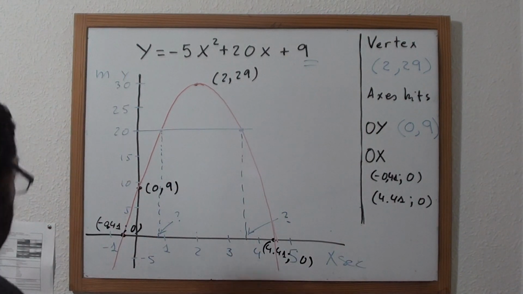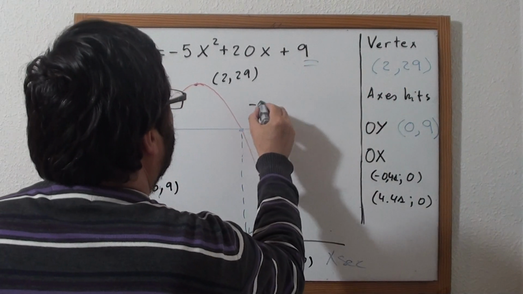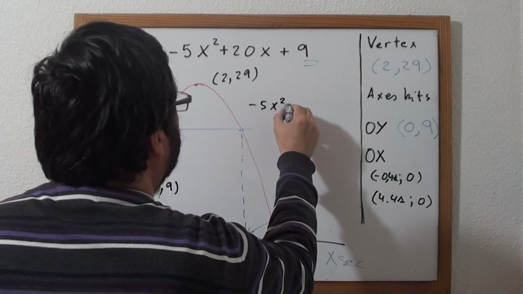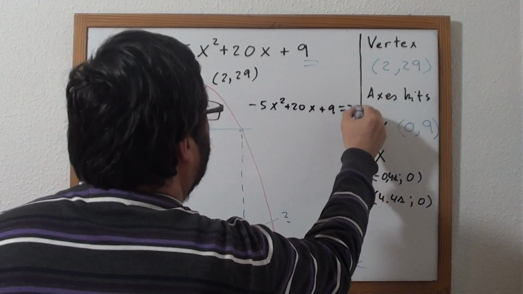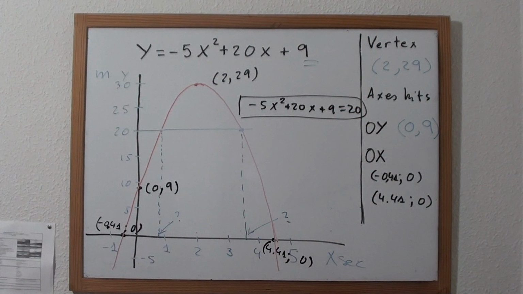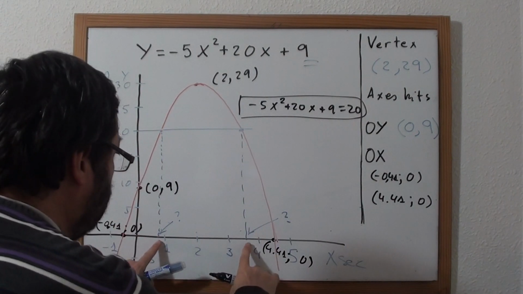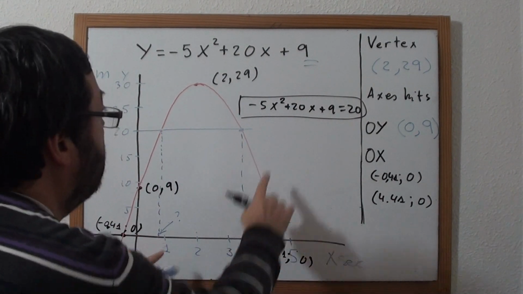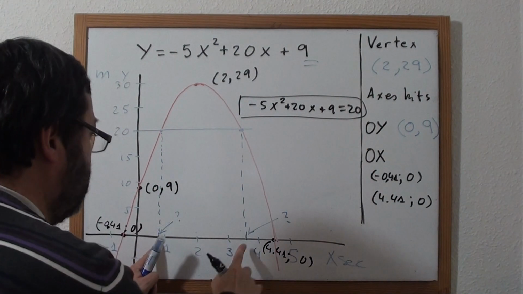So: minus 5x squared plus 20x plus 9 equals 20. Let's solve this quadratic equation, and we will get these two values for the x.